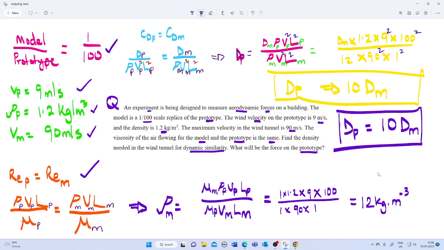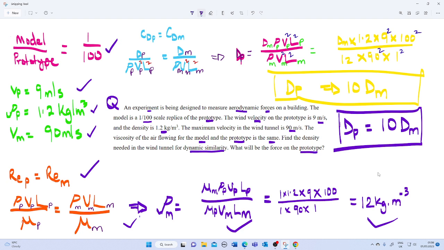So our Reynolds number for the prototype equals the Reynolds number for the model. Therefore, by calculating the density for the model for this experiment, we obtain 12 kilogram per meter cube.